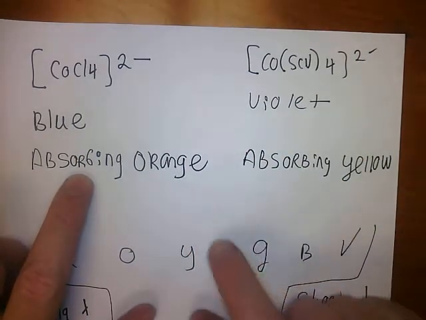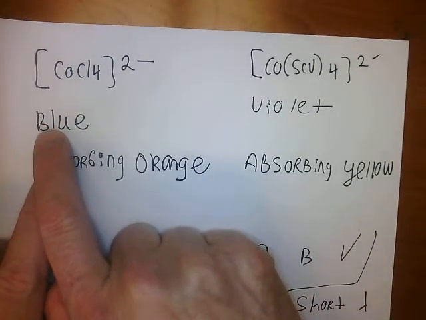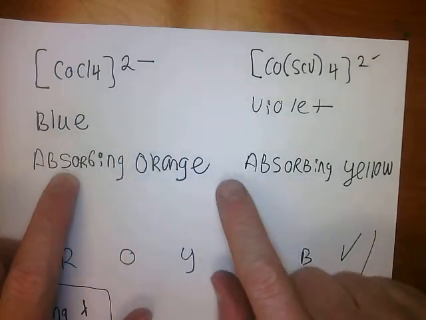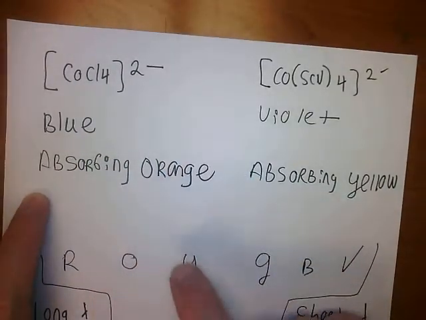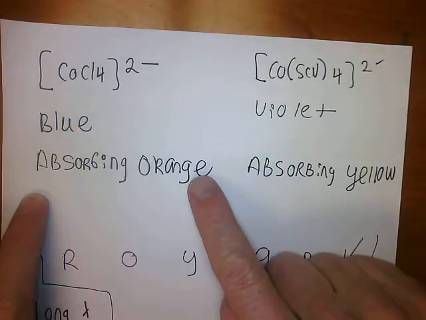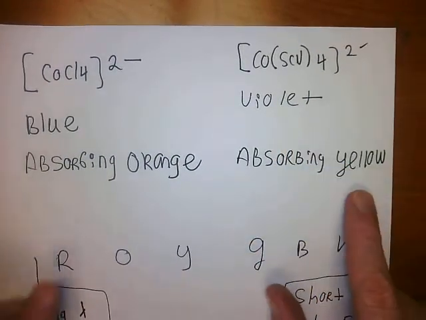Now, if you go back and look, a solution that appears blue is not absorbing blue, it's absorbing orange. Blue and orange are complementary. Take the six colors and go around them on a color wheel. Blue and orange are opposite. If you're blue, you're absorbing orange. If you're violet, you're absorbing yellow. Violet and yellow are complementary.